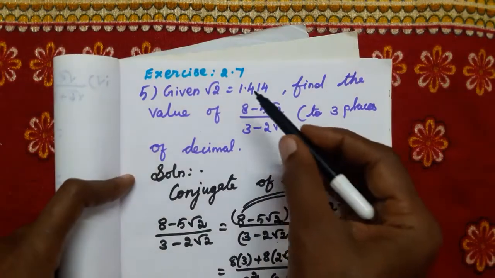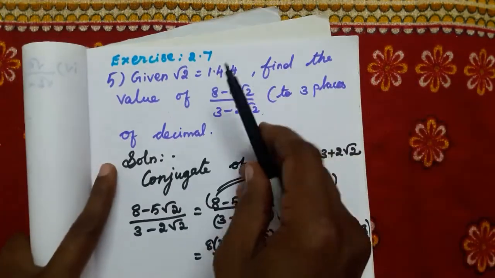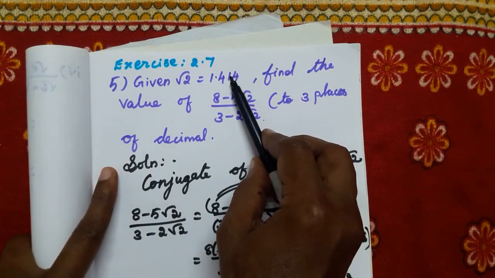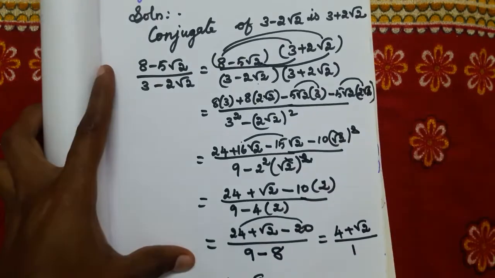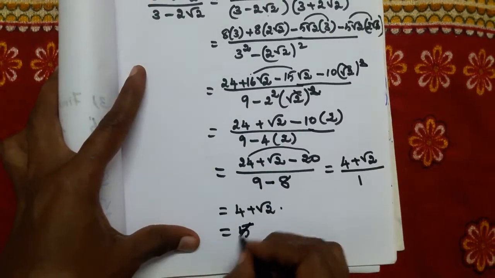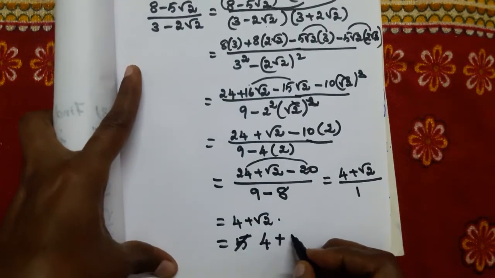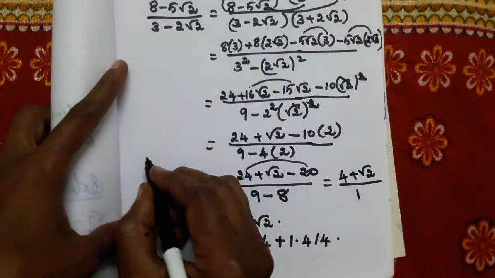First, root 2 is equal to 1.414, which is given. Next, we have to substitute the value of root 2, 1.414. So 4 plus root 2 value 1.414. How do we have to add?